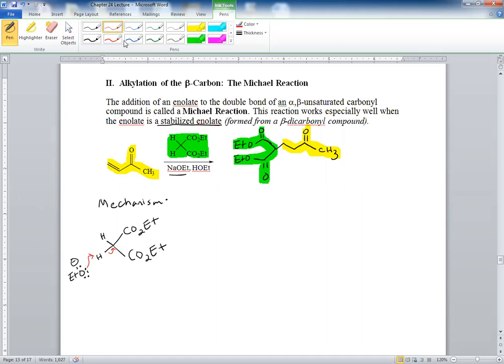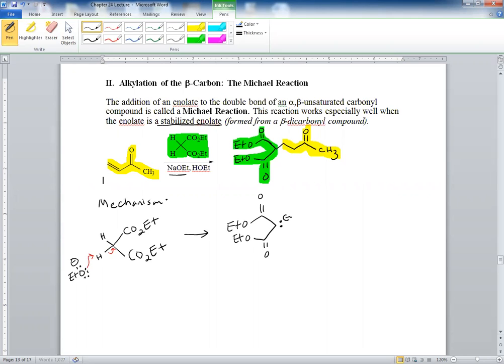So this is going to create the enolate for us, stabilized. And we're going to redraw this just like I did above. Okay, so this is drawn this way.